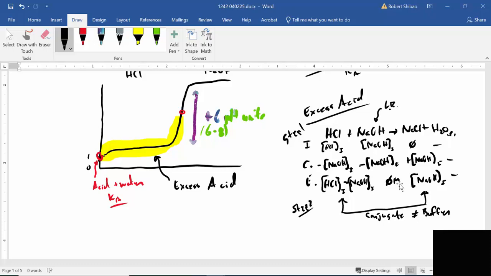In this case, one's strong and the other's weak, so this is not a buffer. In other words, the way we would look at this is a strong acid plus neutral salt. The strong acid and neutral salt we don't really care about, since we're only interested in pH. So we'll just do the Ka for the strong acid.